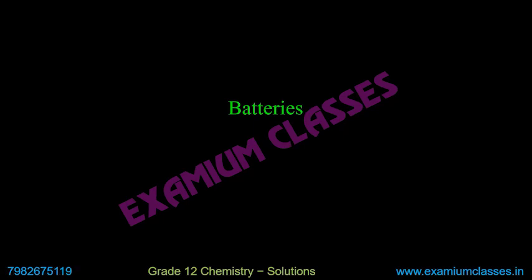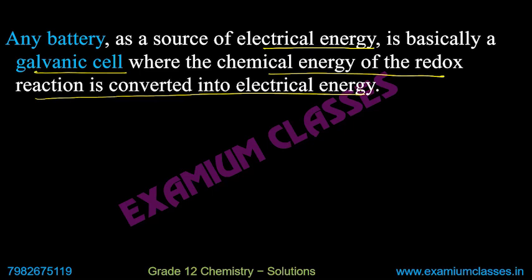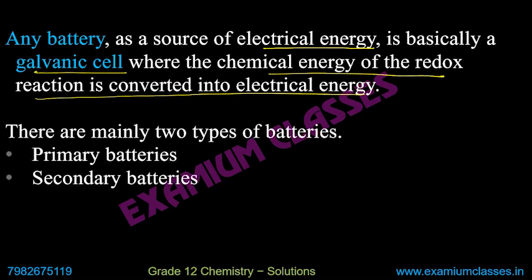Now batteries. So any battery as a source of electrical energy is a galvanic cell where the chemical energy of the redox reaction is converted into electrical energy. This is something you know. There are mainly two types of batteries, primary batteries, secondary batteries. Primary batteries are those ones which are used up and cannot be reused, cannot be recharged.